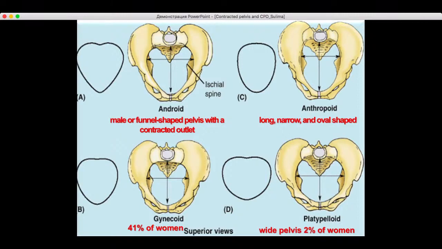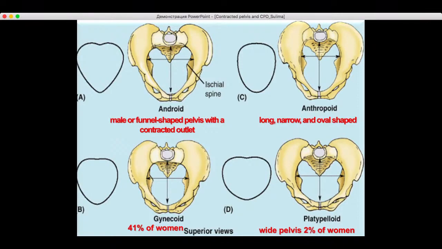Another one is the platypelloid shape. The incidence of this shape is not more than 2% of women. It's a wide pelvis, and in this case we have contracted anterior-posterior diameters.